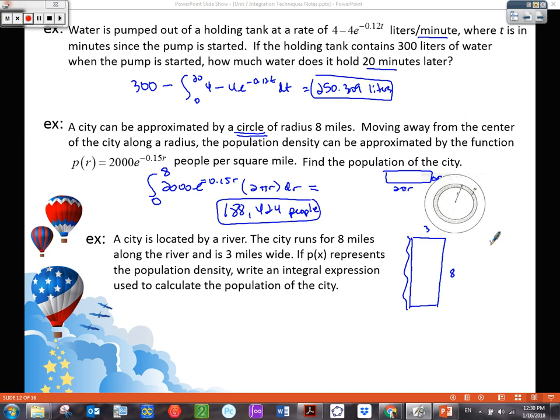Now, if you think back to our lovely Riemann sums, remember how we make little rectangles? We would need to think about which would be the appropriate way to line up the rectangles. How would we do that? For this particular one, what we want to think about is, would population along the shore be similar to each other versus population away from the shore?